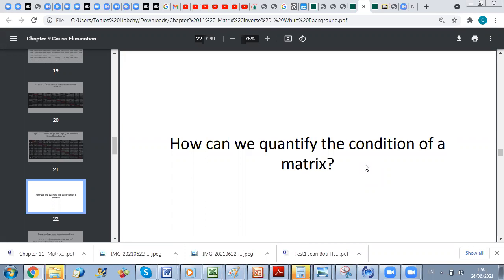So here we will develop a quantitative analysis to tell me the degree of ill-conditioning of the matrix in an accurate way. Before seeing how to quantify the condition of a matrix, we will learn how to calculate the norm of a matrix, because it will be needed to calculate the condition.